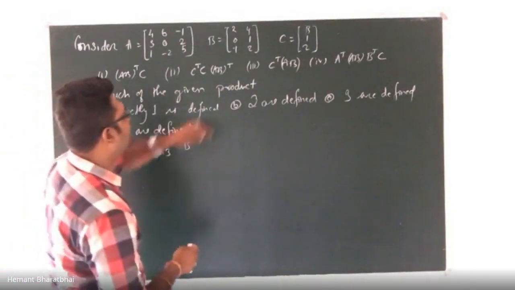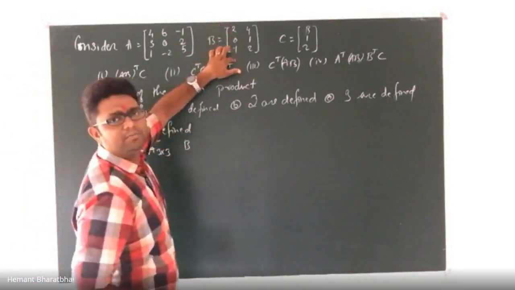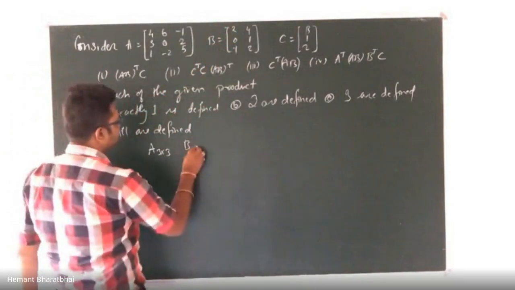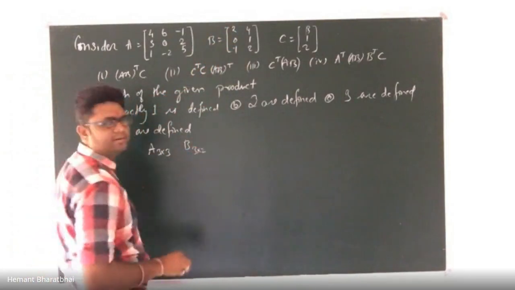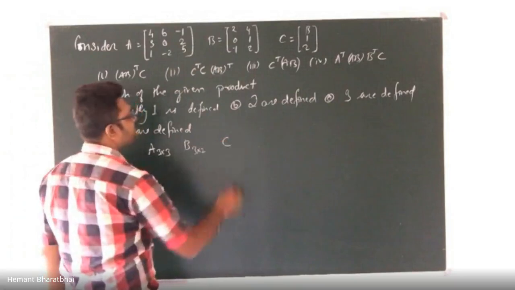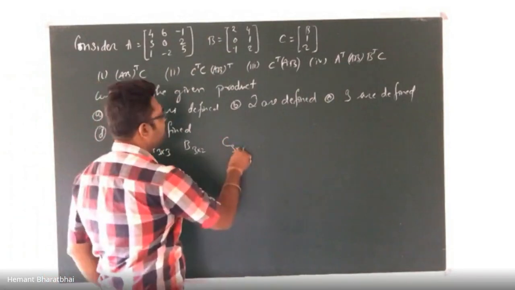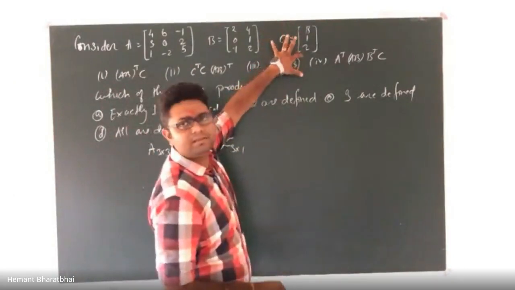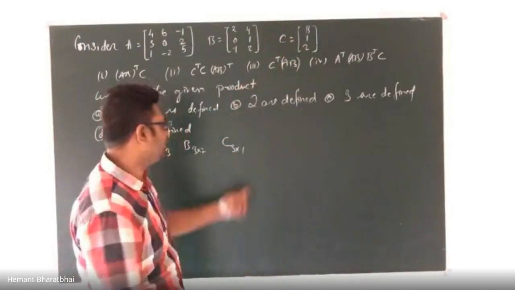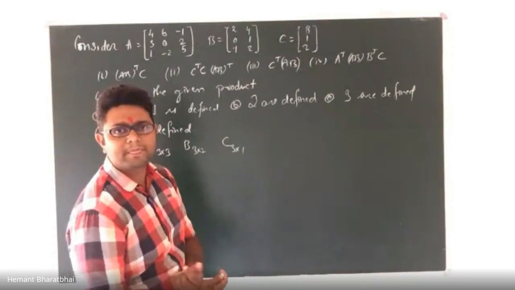Matrix B has 3 rows and 2 columns, so its order is 3 by 2. Matrix C has 3 rows and only 1 column, so the order is 3 by 1.